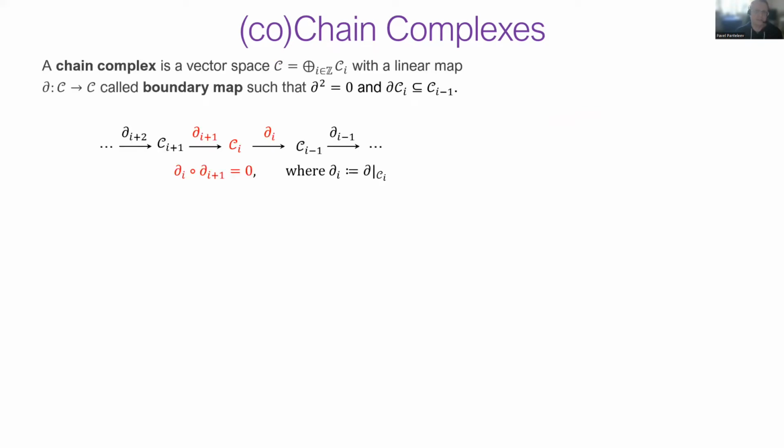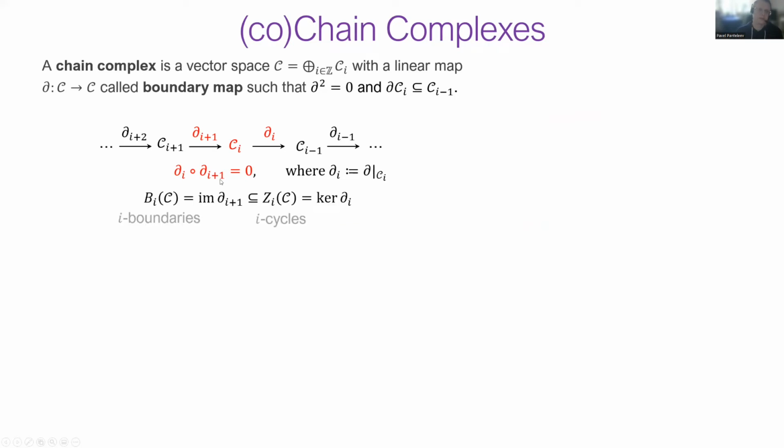Okay, let me describe our main ideas, and in order to do this, we need a notion of chain complexes. So a chain complex is a collection of vector spaces and linear maps between these vector spaces, such that if you apply two consecutive linear maps, then you obtain 0.